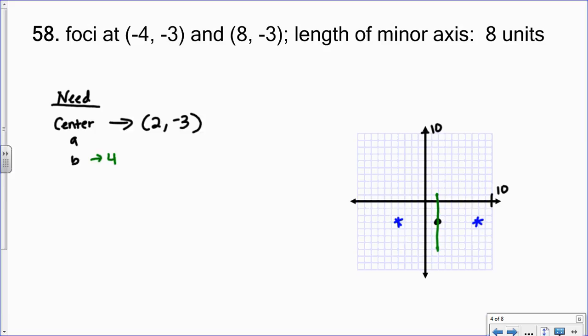Now I need to find A. I do know C. C is 6. Remember, it's A squared minus B squared, absolute value, which means this is plus or minus C squared. How do you get rid of an absolute value?